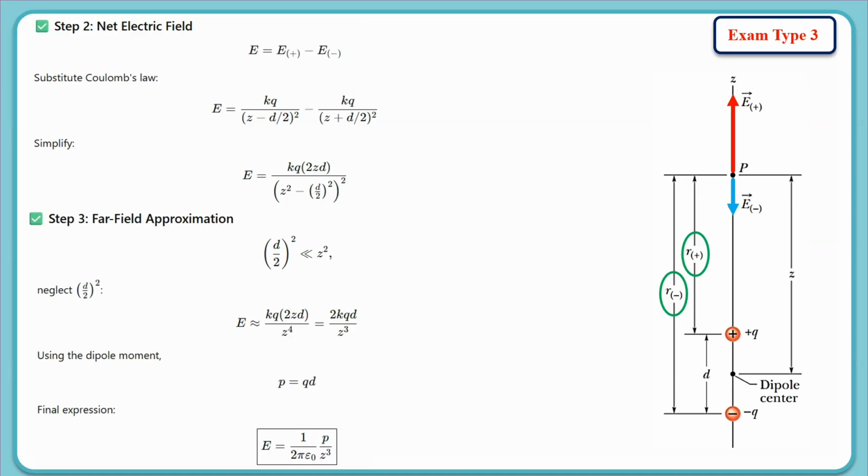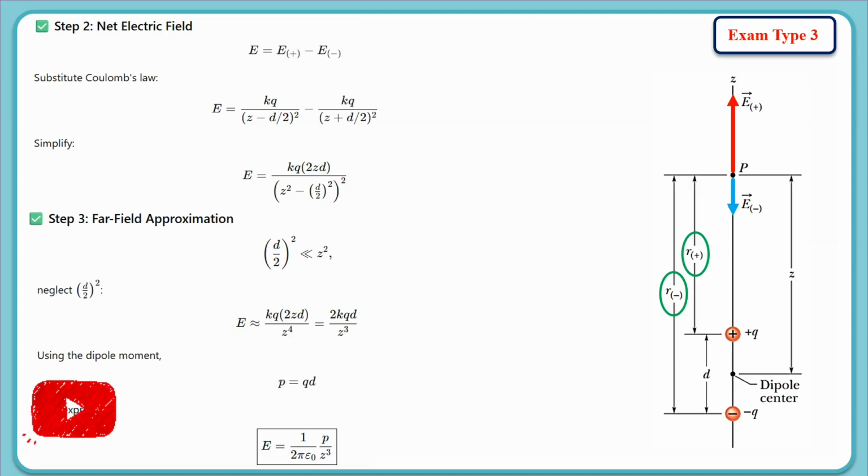Finally, using the dipole moment p equals qd, we obtain the final expression, E equals 1 divided by 2 pi epsilon naught multiplied by p divided by z cubed. This important result shows that the electric field of a dipole decreases as 1 over z cubed.